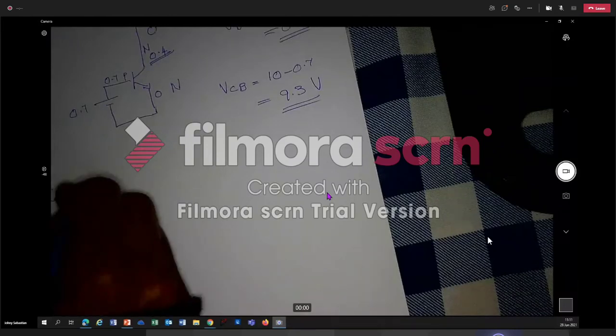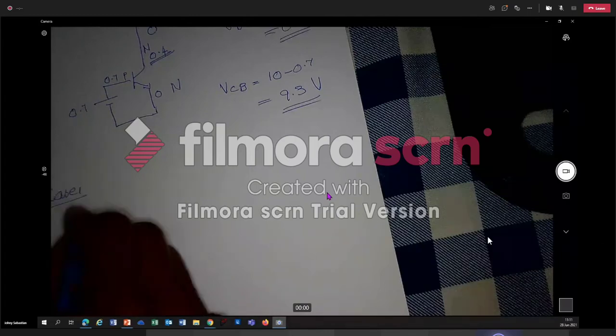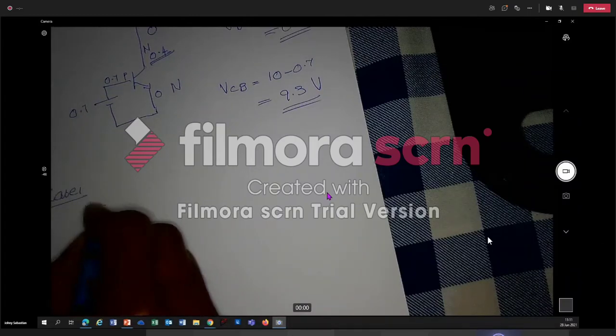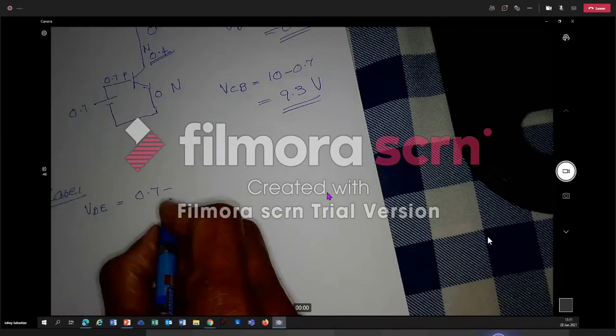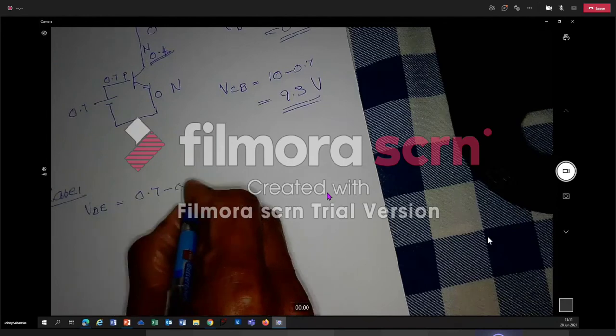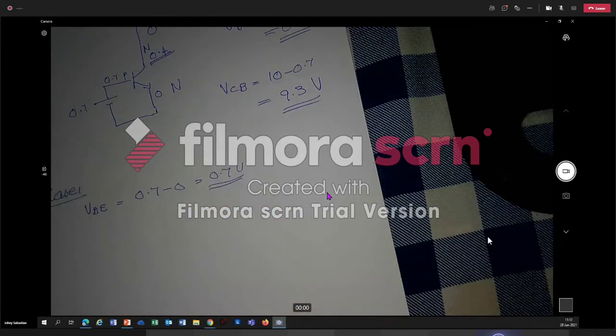Find VBE. Voltage at the base 0.7, voltage at the emitter is 0. VBE is 0.7 volt. Is it good enough to decide if it is active, saturation or cutoff? No, not yet.